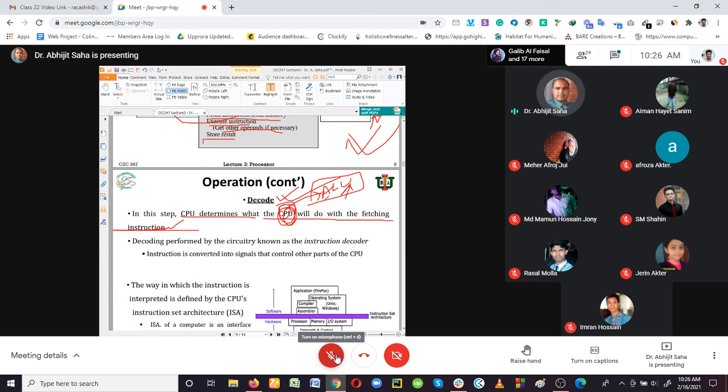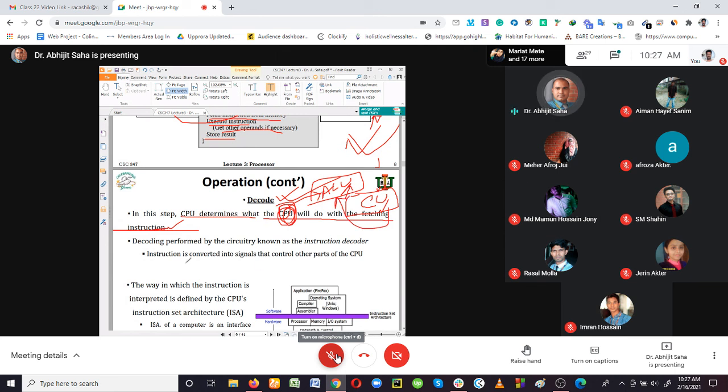So in this step the CPU determines what the ALU will do with the fetched instructions. It must decode the instructions it has received from the RAM, so it must decode the instructions in the CU before sending them to the ALU.